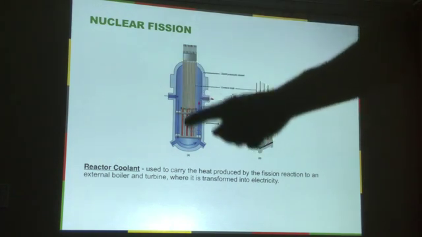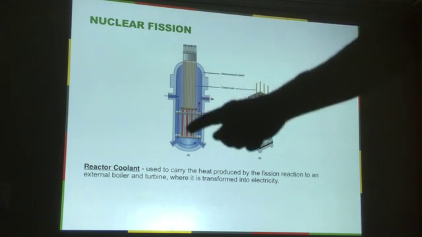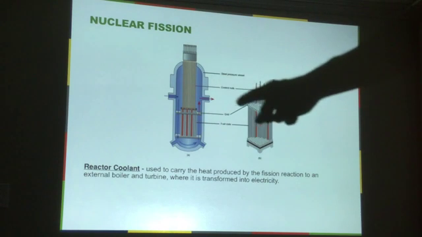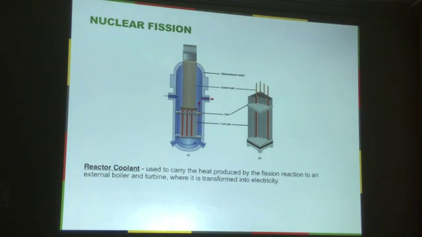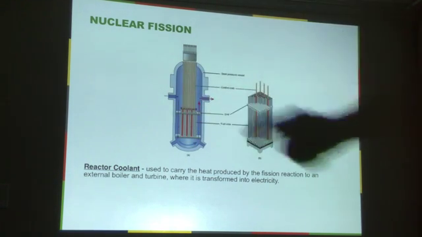So this is the source of the heat, the nuclear fuel in this core, and it is carried away by the reactor coolant. Now, in a coal-fired plant, this is just a coal furnace that heats the water.